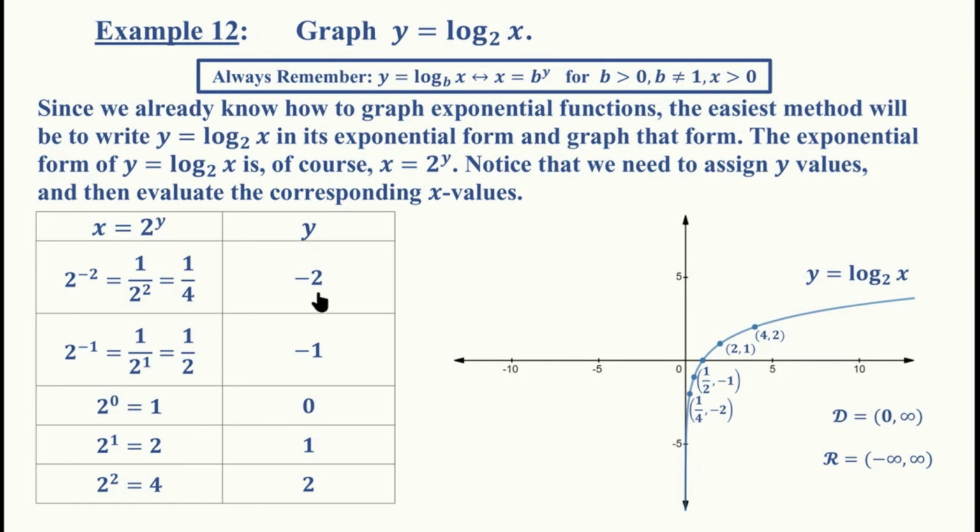So when you substitute -2, you get 2 to the -2, which is, of course, 1 over 2 squared, which is 1/4. Substitute -1, you get 2 to the -1, which is 1 over 2 to the 1, which is 1/2. Substitute 0 for y, you get 2 to the 0, so x is going to be 1. Substitute 1, you get 2 to the 1, which is going to give you 2. 2 will give you 2 squared, which is 4. Plot those, and you get this nice looking graph here.